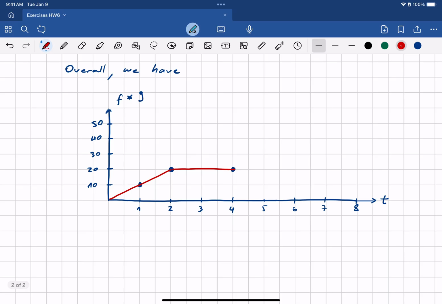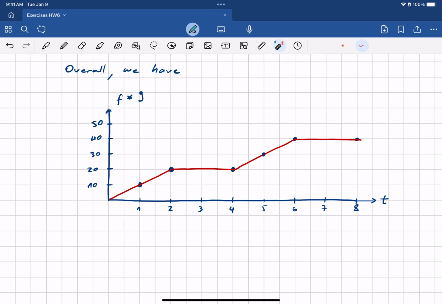So we would have a similar behavior here for t equals 5, t equals 6. We're going to have the full thing. And then for t equals 8, we're going to have 0, I mean 0 addition. So it's going to be something like this. And that's going to be the convolution.